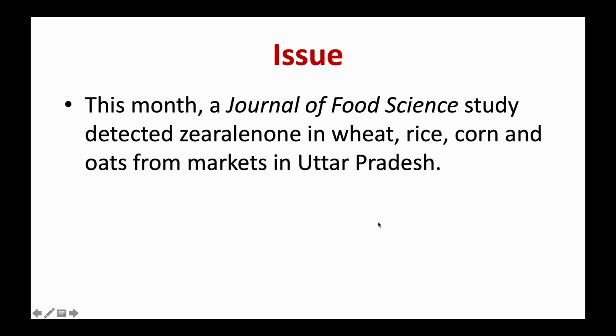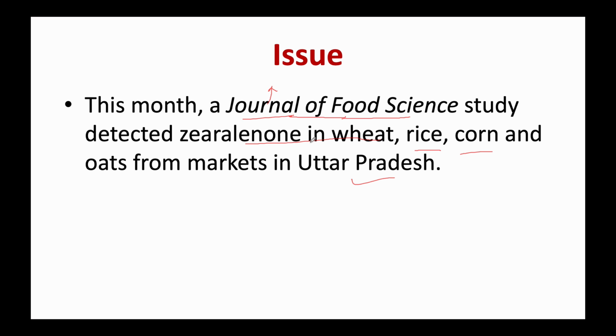Now see, what is the issue here? What happened of lately, this month the Journal of Food Science, so what is a journal? Basically all the publications of science and research are published in journals. So this is a particular journal known as Food Science. It detected Zearalenone in wheat, rice, corn and oats from markets in Uttar Pradesh.